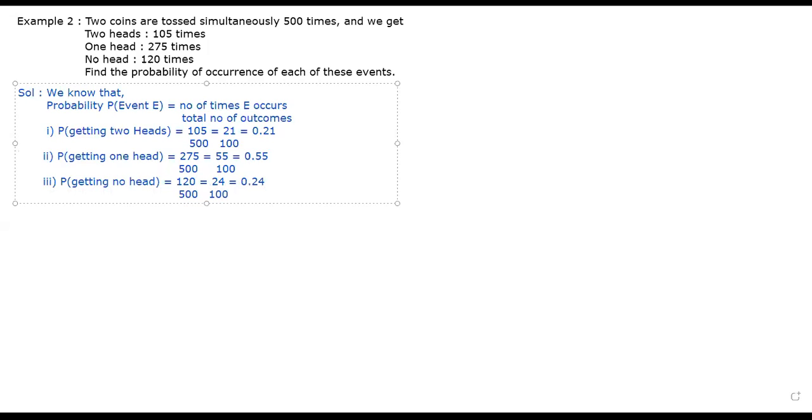And if you check 0.21 plus 0.55 plus 0.24, total is going to be 1. Yes or no? Yes, sir.